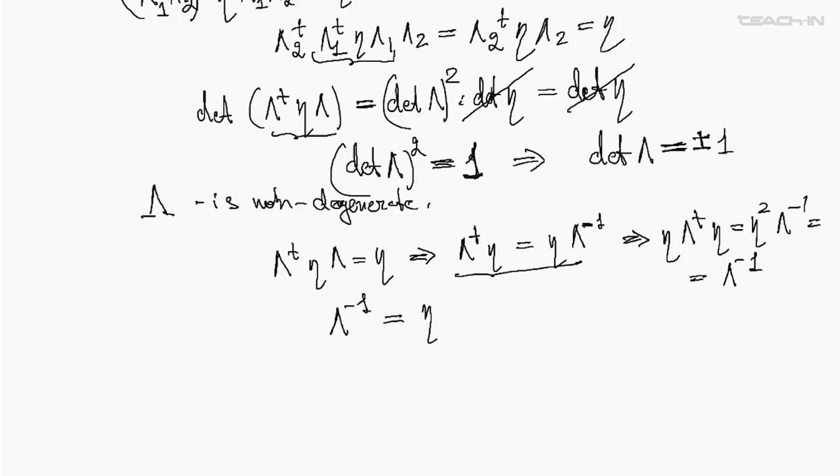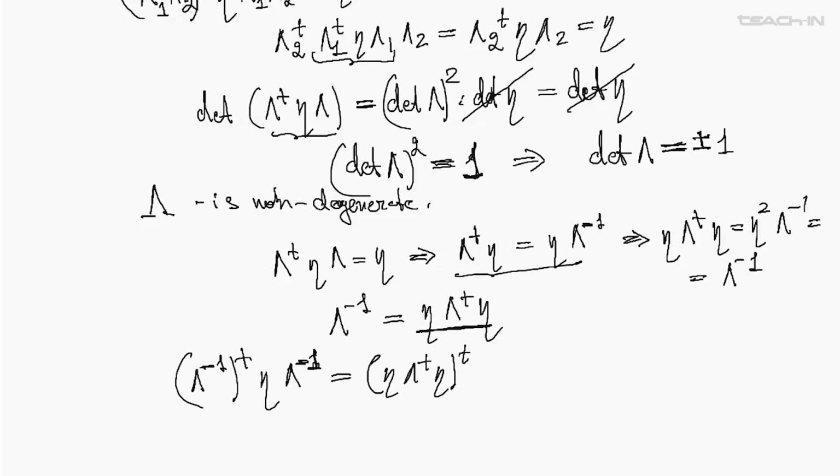And therefore to show that lambda -1 is also a Lorentz transformation, we have to check the following. We have to check that lambda -1 transpose eta lambda -1 is equal to eta. And this we can do by just substituting here this expression for lambda -1. So what we will get is eta lambda transpose eta transpose eta eta lambda transpose eta, like this.